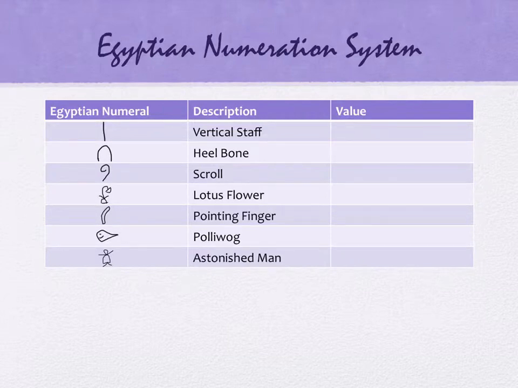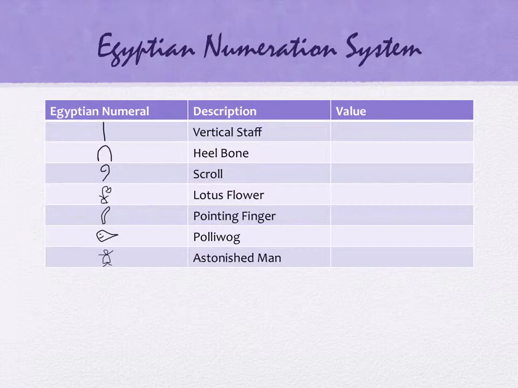The next one is the one that I probably draw the least well. I don't draw this well at all. It's a lotus flower, and if you look in your book, they'll probably have a much better picture for you to emulate than mine. The next one is supposed to be a pointing finger. Also, I don't draw well, just in general, just so you know. That's a pointing finger. The next one is a pollywog.